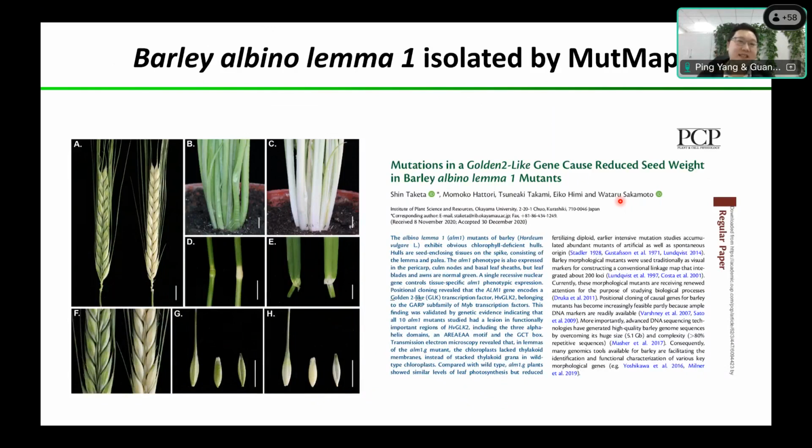For instance, this mutant shows albino lemma. As you can see here, compared to wild type, the lemmas become yellow or black, and there is also something different at the stems and the nodes. But these genes are already published by the Gatersleben group.